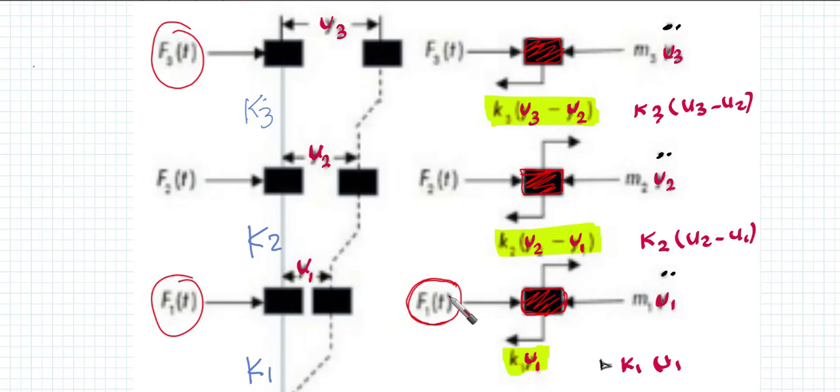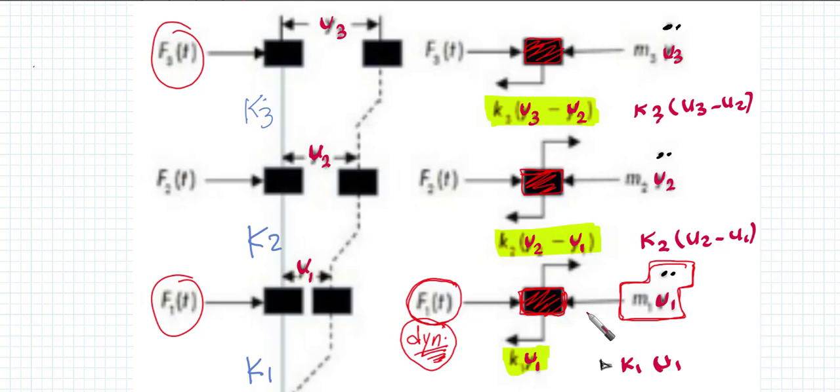Whenever we have something dynamic applied on a mass, inertia is developed, and this inertia is in the opposite direction of the dynamic force being applied.